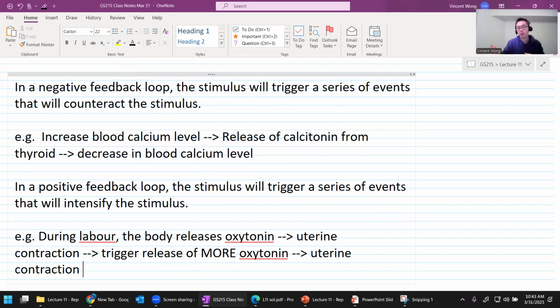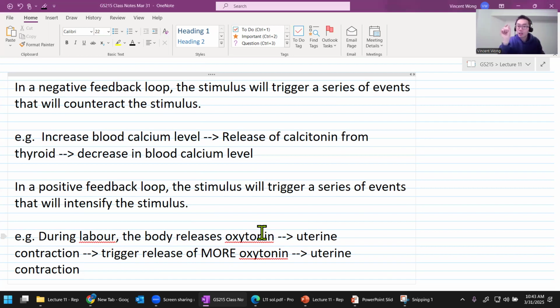Women who need to go into induced labor, they actually inject a little bit of artificial oxytocin into the body. And all it takes is a little bit because as soon as you get a little bit of the synthetic oxytocin into the body, then it triggers a little bit of contraction, and that contraction will stimulate the brain, and then the brain will start to make oxytocin of its own, and then it triggers more contraction and then more oxytocin.